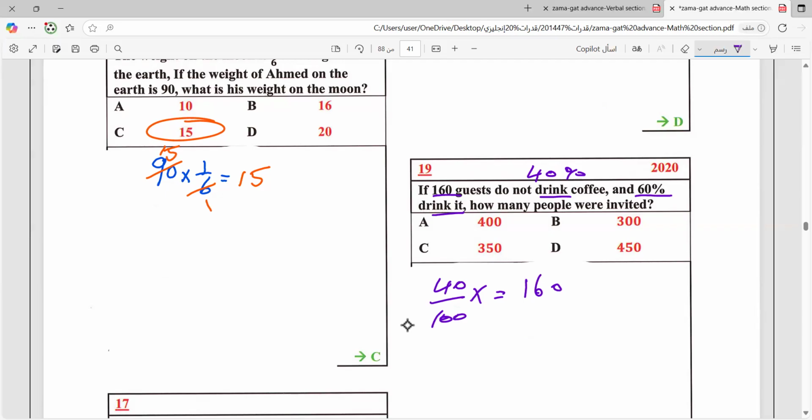Right? So we simplify now. Zero with zero. You multiply by the flip of the fraction, 10 over 4. So we divide 40 by 4, then 40 times 10 is 400. So x is 400.